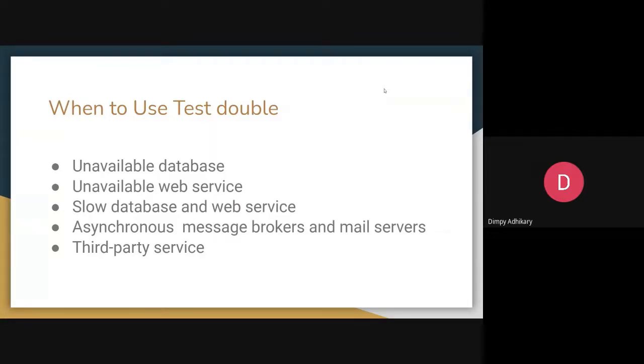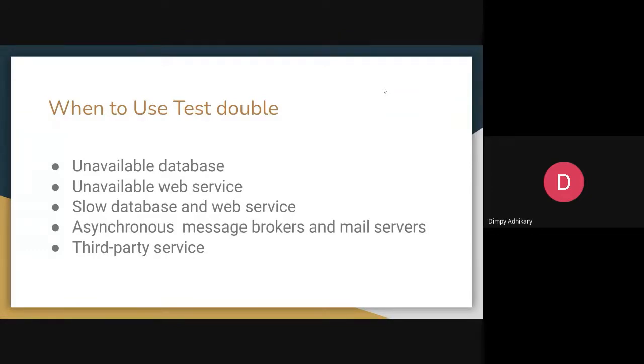So basically, a testable is nothing but a component, okay, which helps us remove a dependency on unavailable things. For example, if any piece of code is unavailable, we can replace that with a testable.